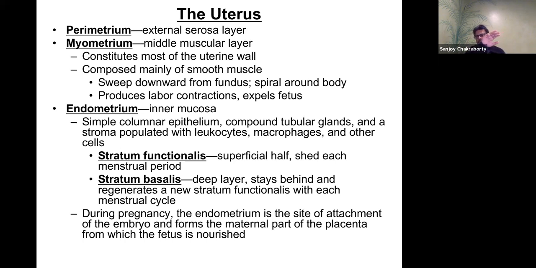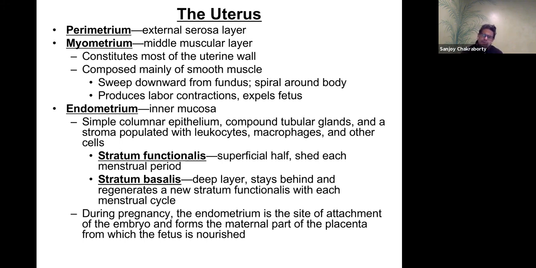As soon as the hormones are gone, with no more estrogen or progesterone, that functionalis layer is sloughed off, ready for the next cycle. And that continues throughout the reproductive life of a female, which begins roughly at 9 or 10 years and lasts to about 50 years old, meaning 40 years of reproductive life, with this happening every single time.